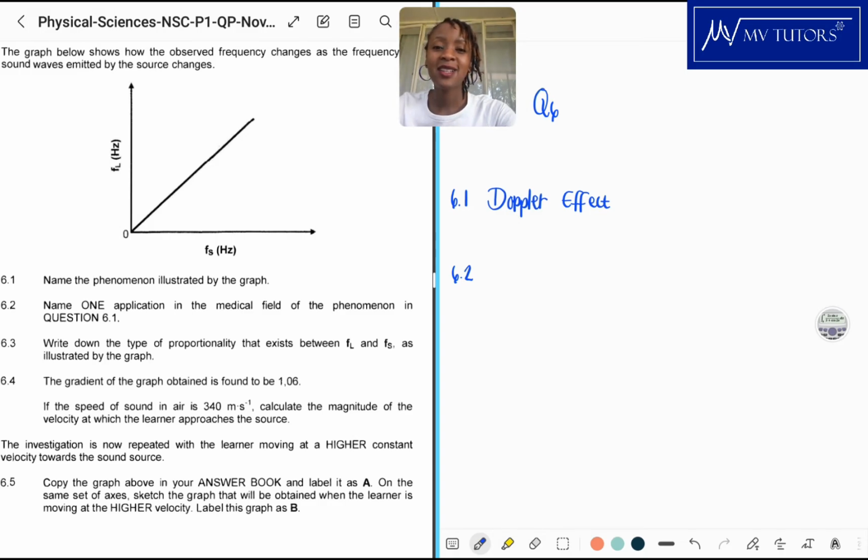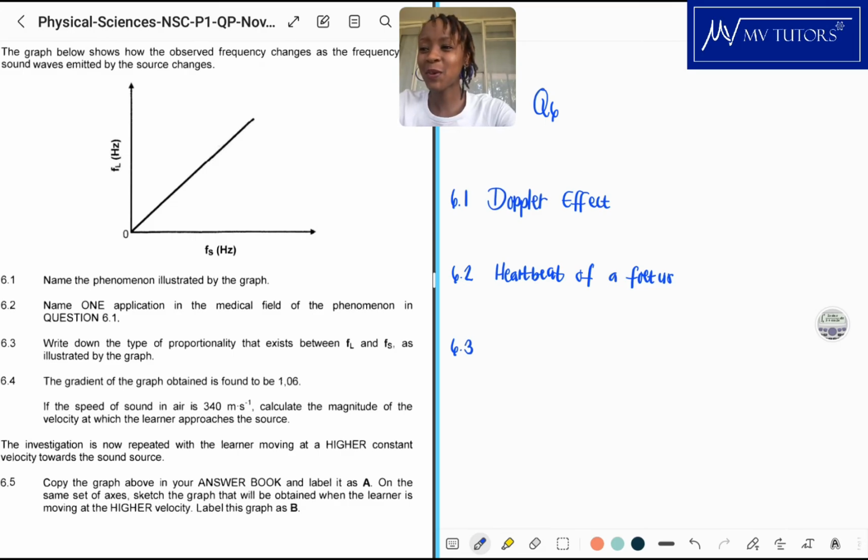All right, so that's one of the applications. Another is to determine the blood flow. Okay, so I'm just going to go with the first option there, determining the heartbeat of a fetus. All right, and there are many more.